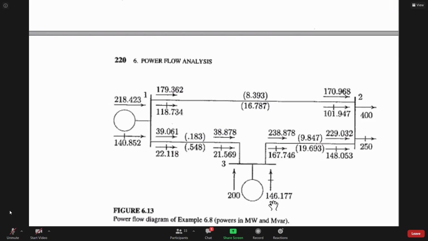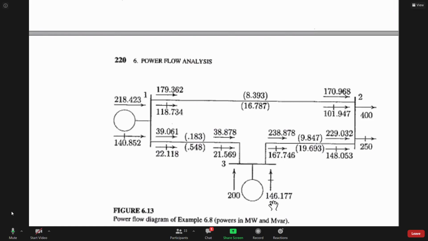Q3 from the 7th iteration response. So this is the total power flow diagram from the iterative solution.